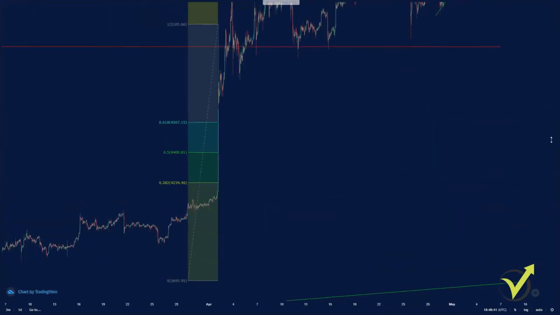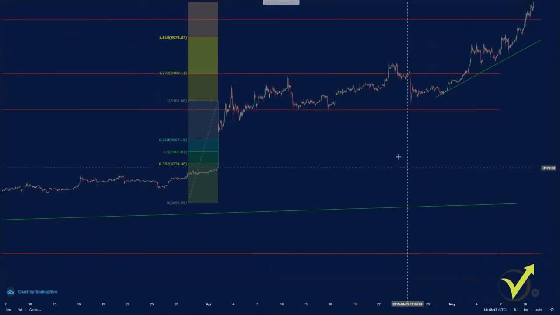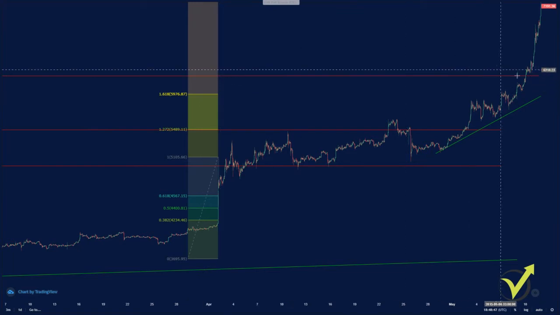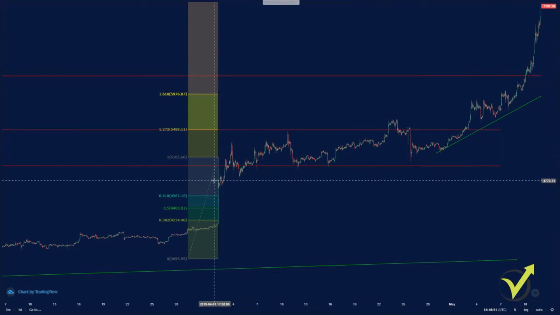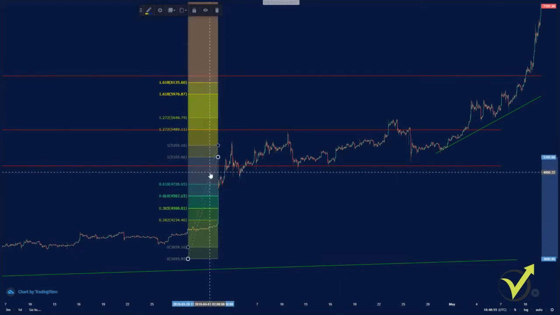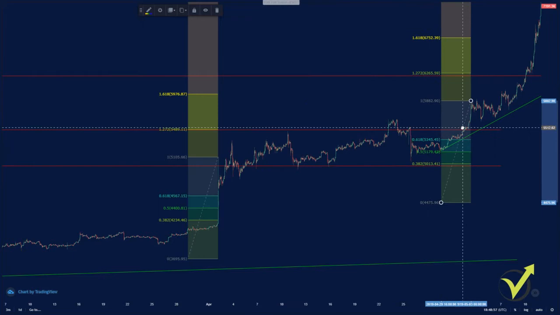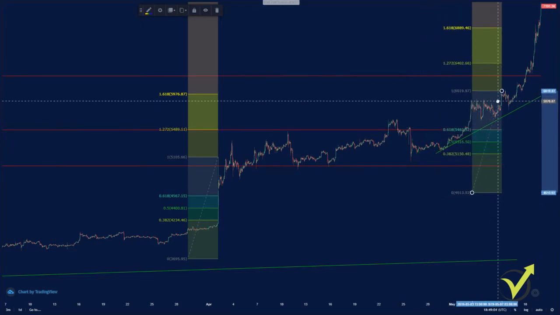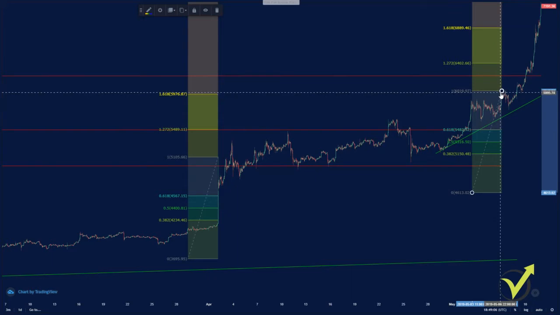And now let's have a look where is the second target. It's right over here, and here the price reaches the second target. I will copy again this Fibonacci and I will bring it over here. Actually, it's a little bit more, a little bit higher, right over here.